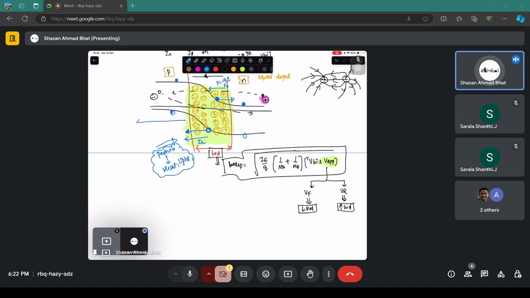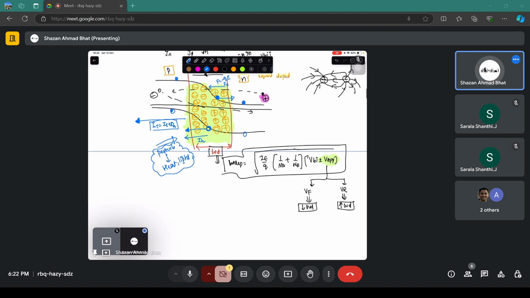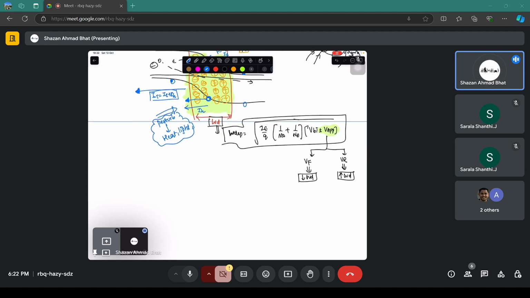So overall, you will have a current in this direction, which is the total current, electron current plus hole current. So there is a current flow because of the generation of electron hole pairs inside the device when you perturb it. Perturb means any disturbance that can generate electron hole pairs. The key fundamental thing is that electron hole pairs should be generated.